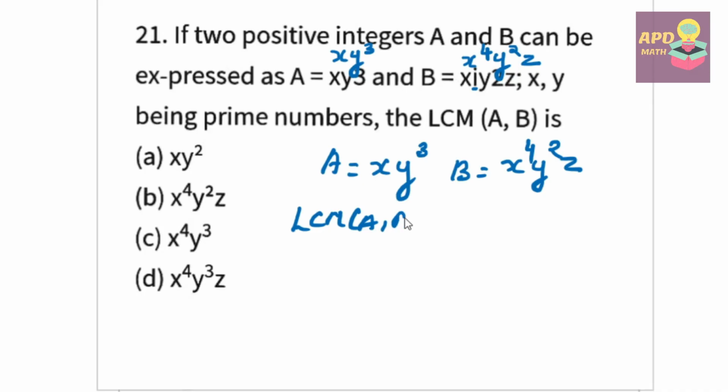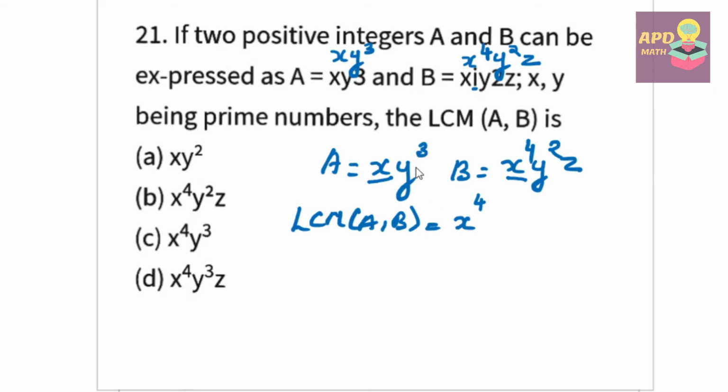So the LCM of x and x raised to the power 4 is the highest one, x raised to the power 4.